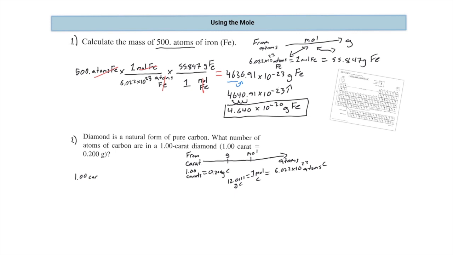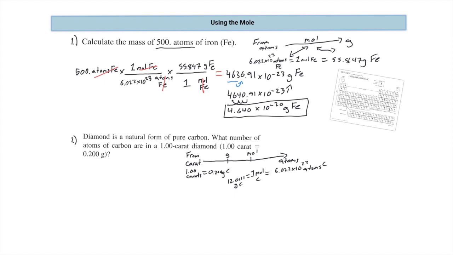Now, let me just stop here. Let's use a little bit of street smarts. We know the conversion is 1 carat equals 0.200 grams, right? And we're starting with 1 carat. Well, can't we just skip this first step? Yes, is the answer.